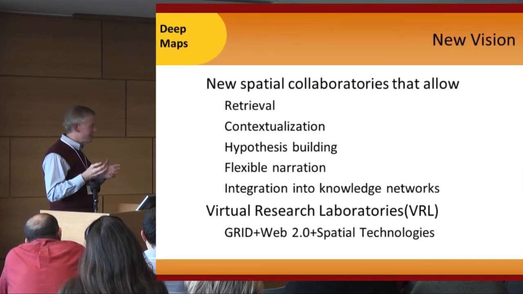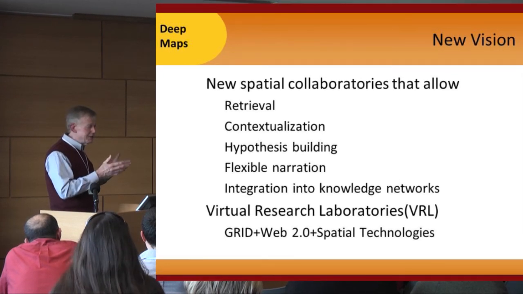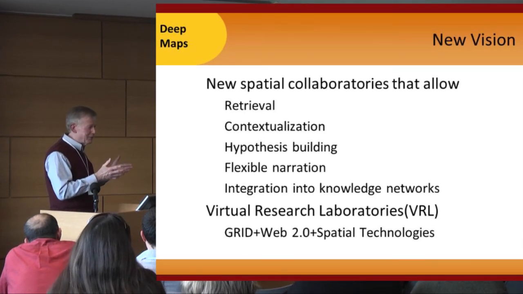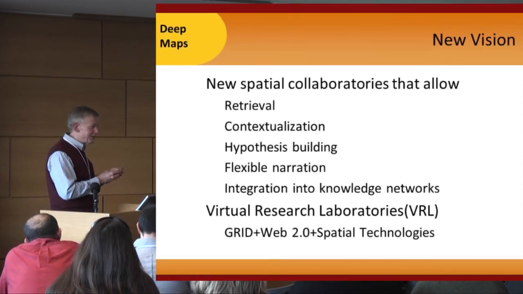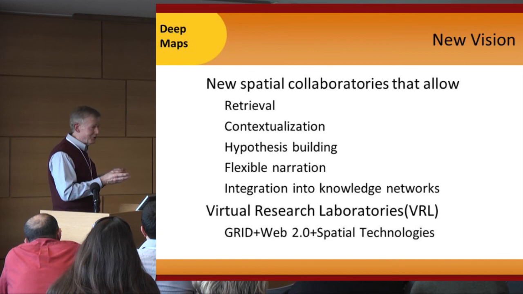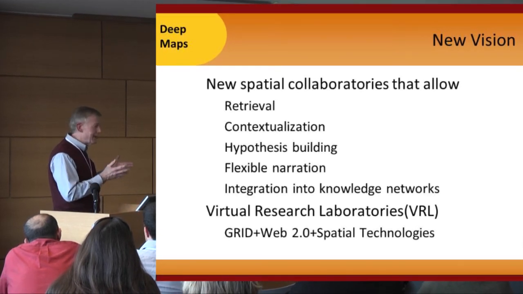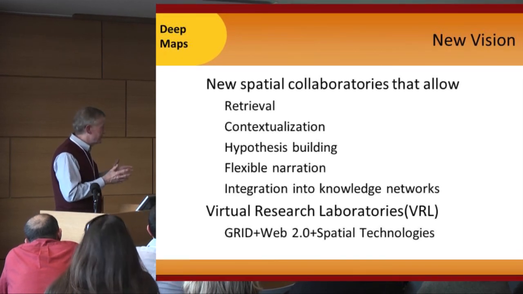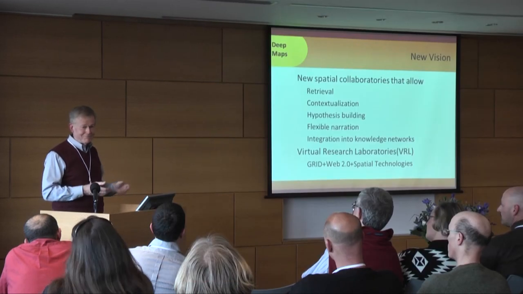What we're trying to do is keep us forever in touch with the importance that space plays in our lives. So the deep map is designed to do that, but it's also designed to allow us, in thinking about space, to begin to ask questions that we would not ask otherwise, to frame hypotheses that we can test, and to keep the evidence and the knowledge that we're creating alive and dynamic for us.